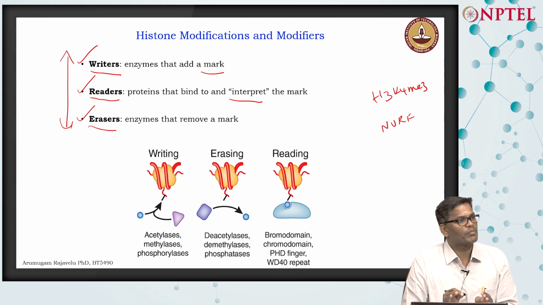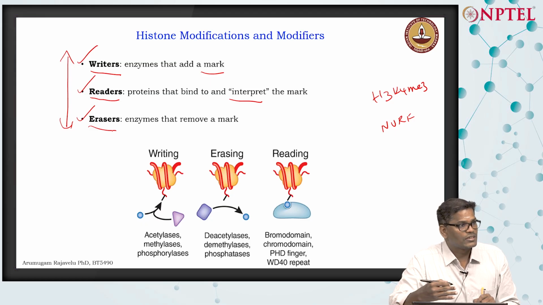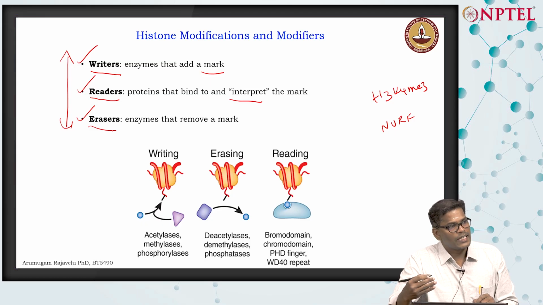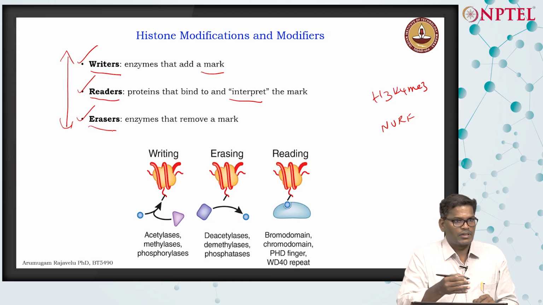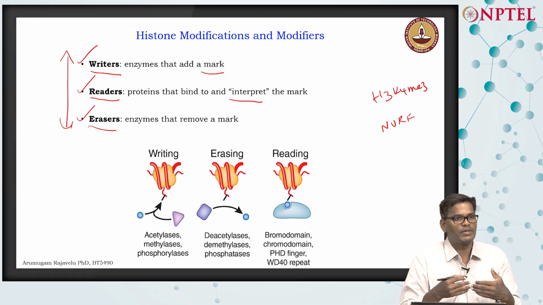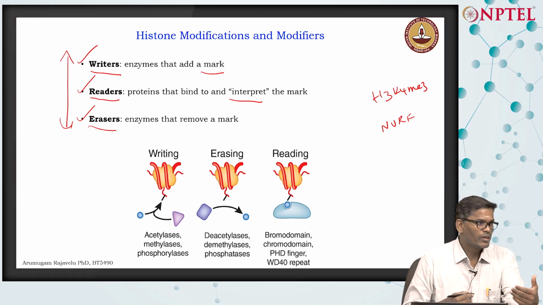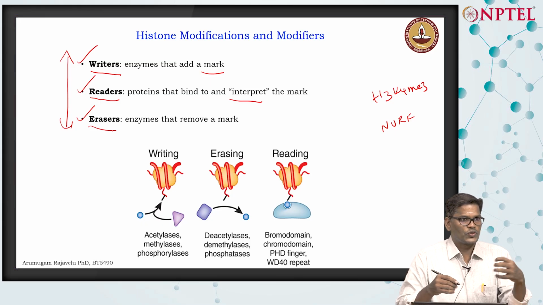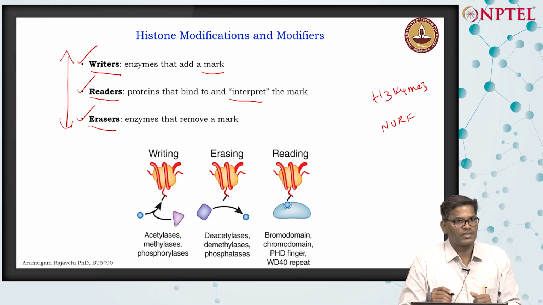The eraser plays a very important role, and this dynamic plays a very important role during stem cell differentiation and early stages of development. Same as with DNA methylation, which I explained, methylation is removed and then added. Similarly, when the cell is committed to specific lineages, it has to switch on or switch off specific genes.